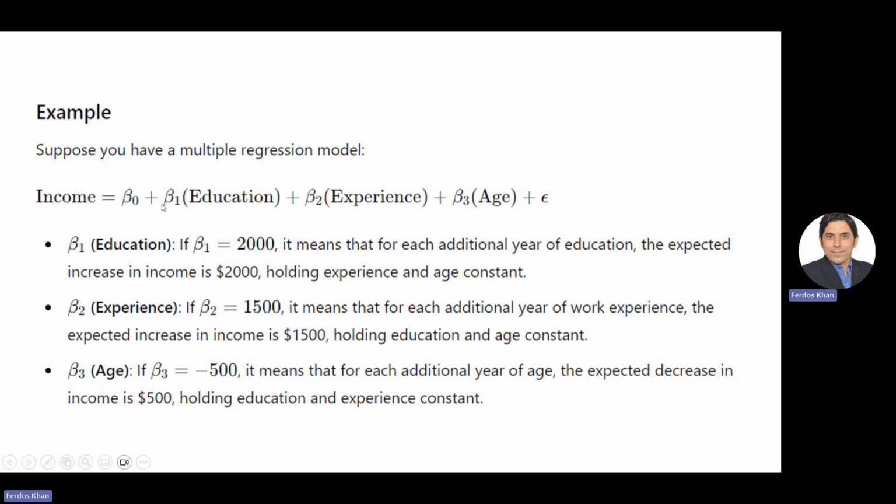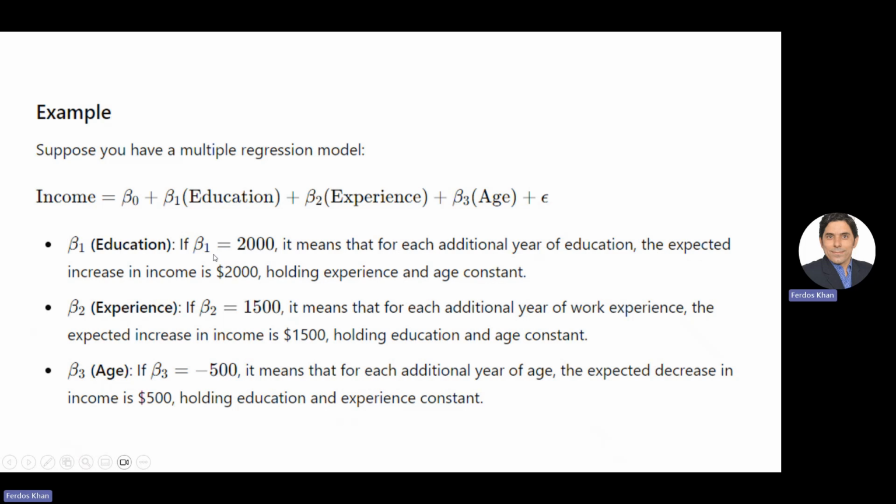Income is equal to beta naught plus beta 1 education plus beta 2 experience plus beta 3 age plus epsilon. This means that beta 1 is the impact of education on income. Beta 2 is the impact of experience on income. Beta 3 is the impact of age on income, meaning the change in income due to age is represented by beta 3, and so on.